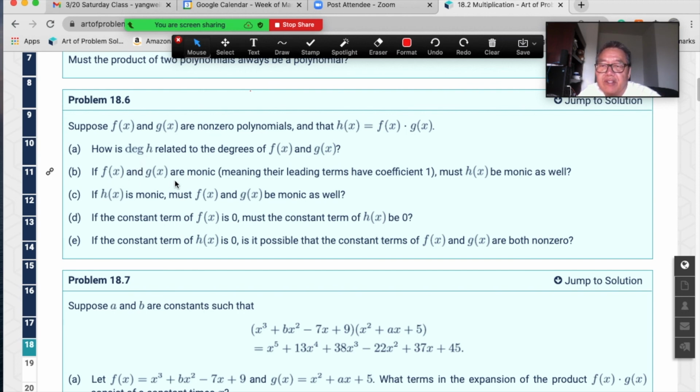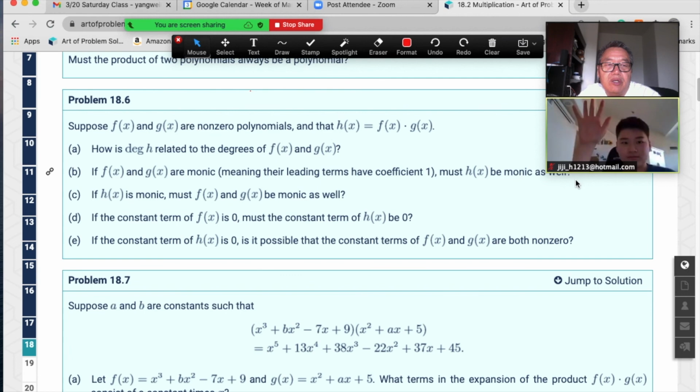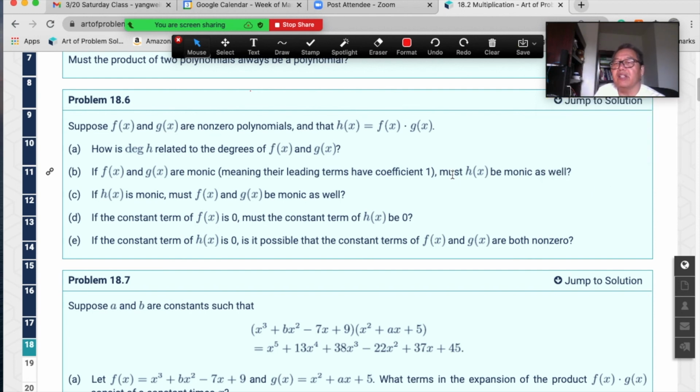B. If f(x) and g(x) are monic, meaning the leading coefficient is 1, must h(x) be monic as well? Anticus, can you answer this question? If f(x) and g(x) are monic, meaning their leading term coefficients are 1, must h(x) be monic as well?